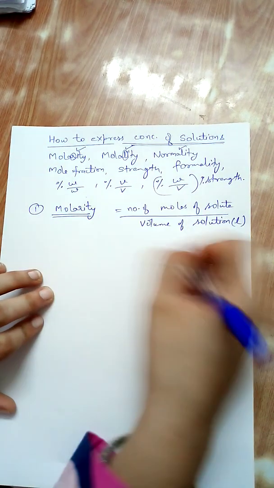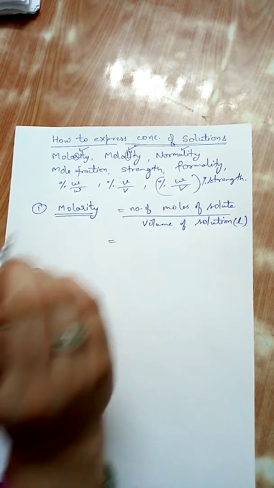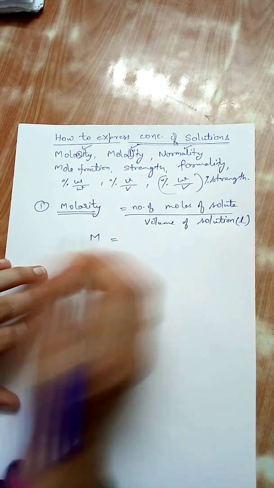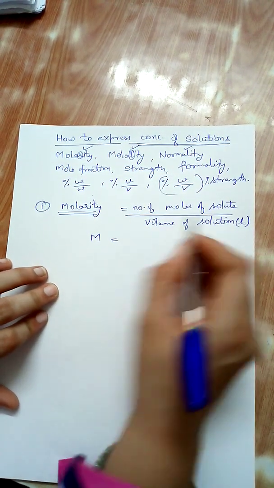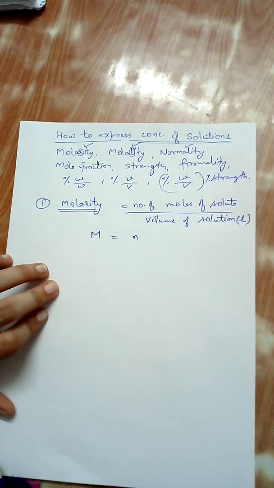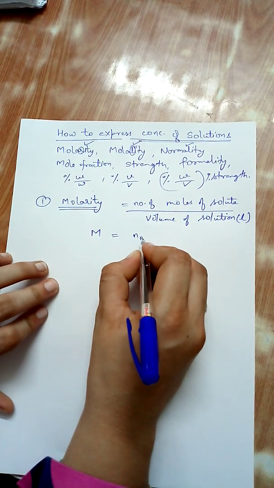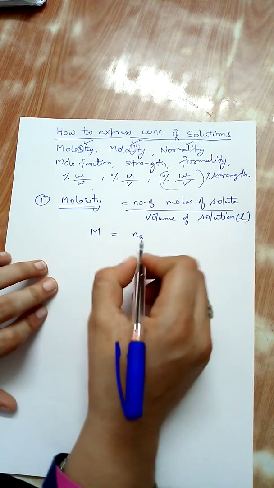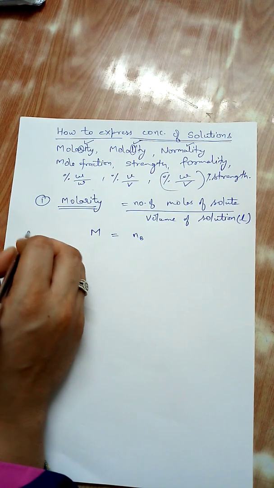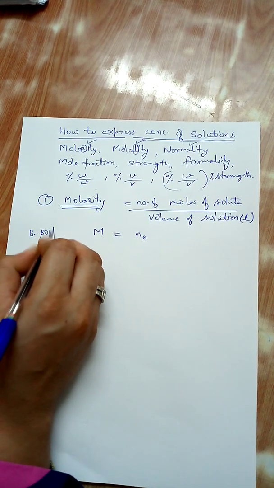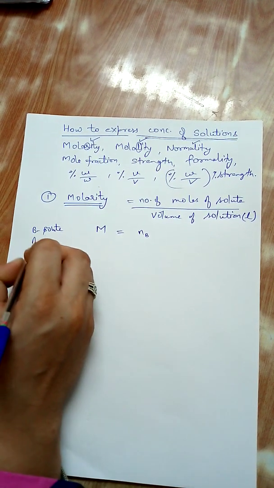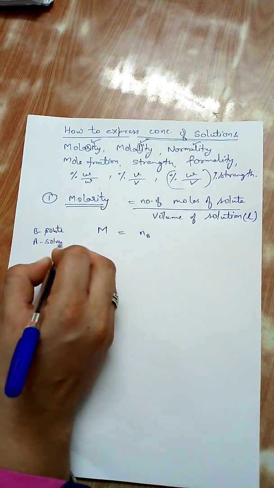Now from here we can conclude the formula that molarity is represented by capital M. Moles of solute can be represented by N with a subscript B. B will be used for solute and A will be used for solvent.